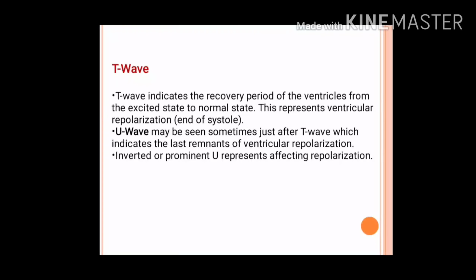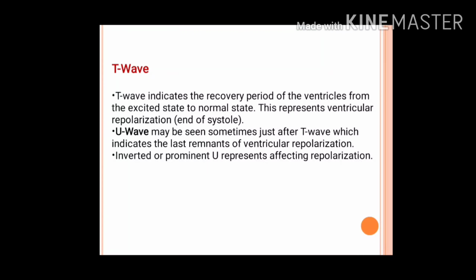So when the ventricle recovers from its excited state to the normal state, at that time this T wave will be generated. So the T wave indicates the recovery period of the ventricle from the excited state to the normal state. That means it represents ventricular repolarization. That means it will come back to its original polarized state.